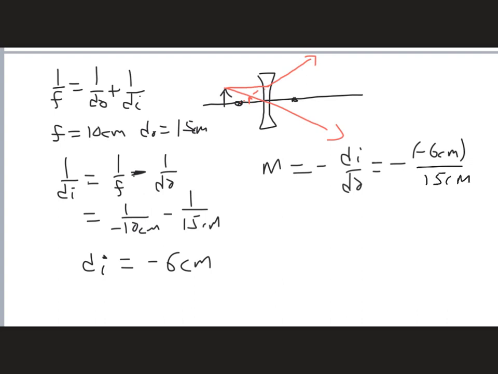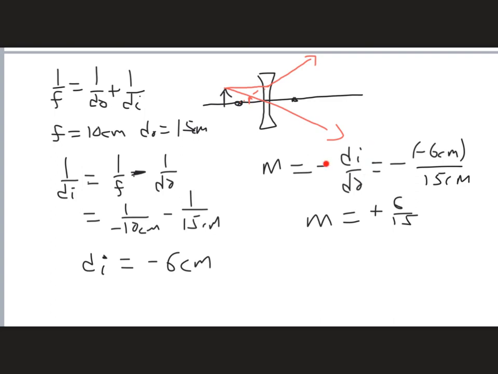That gives us a magnification of positive 6 divided by 15. You could calculate a decimal for that if you want, but the key things we can see here are that it's a fraction that's less than 1, so that tells us that the image is smaller than the object, and also it's positive.